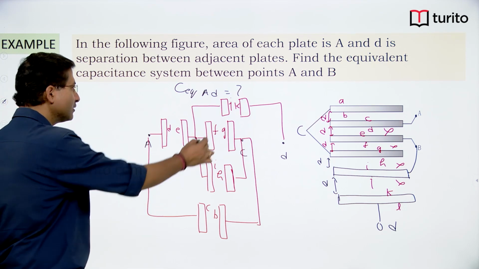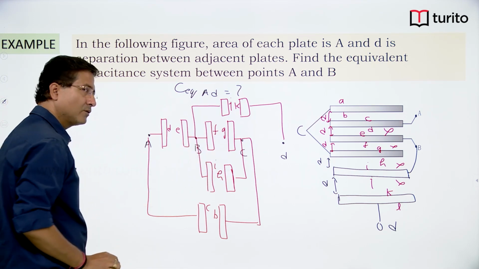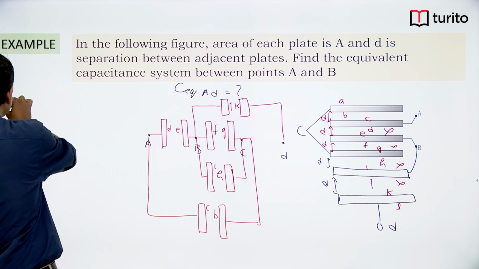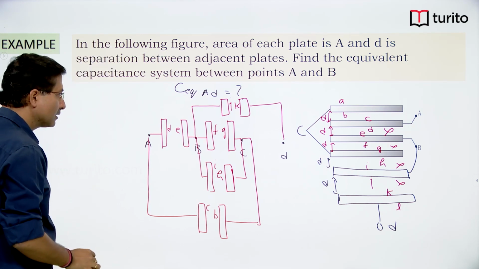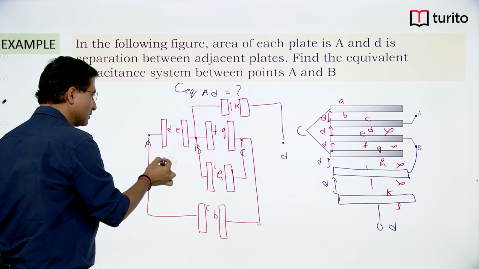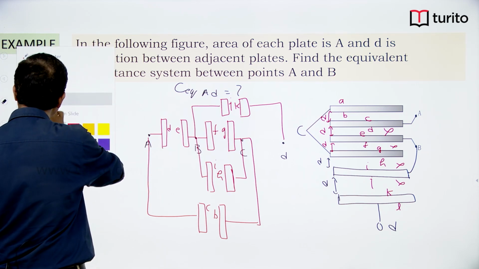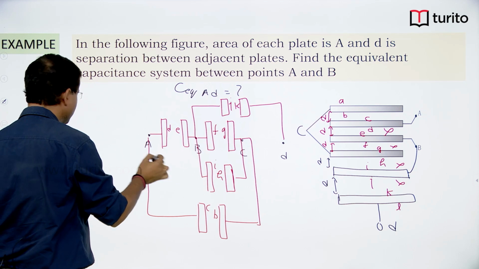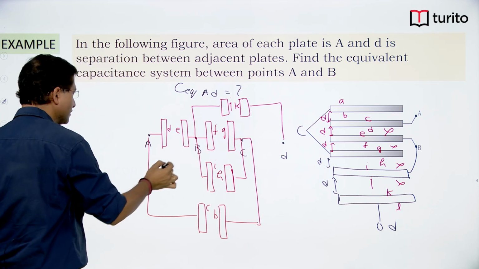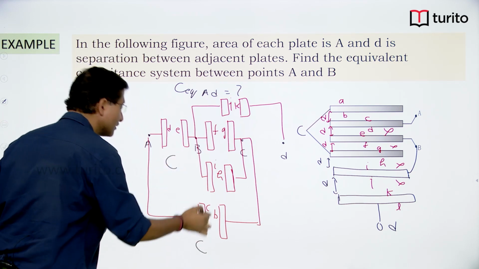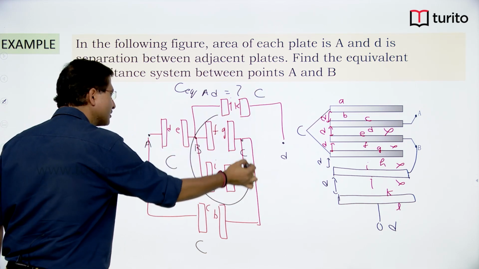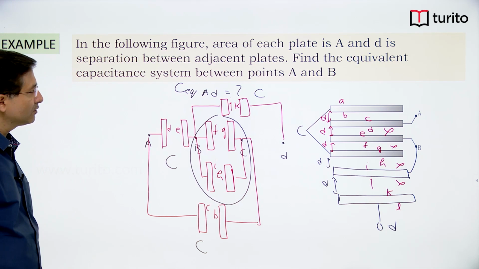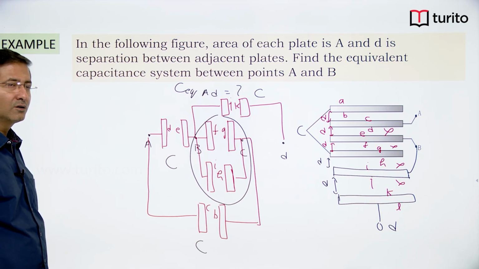So now I can reduce these two, this will become 2C. So I am directly drawing, this is C, this is C, this is C, this is C, this is C, and this combination will give you 2C.